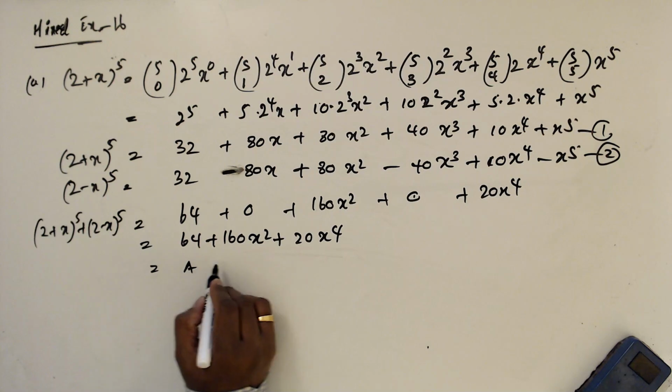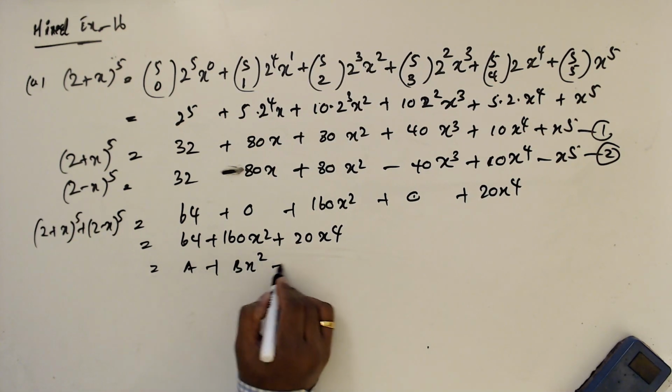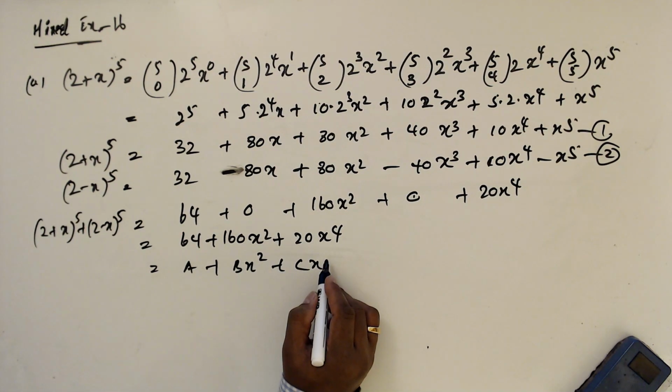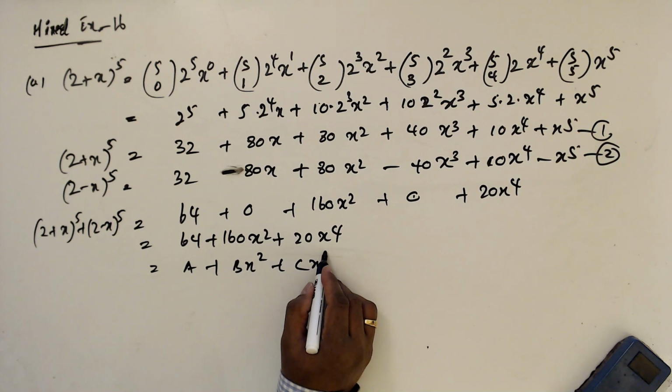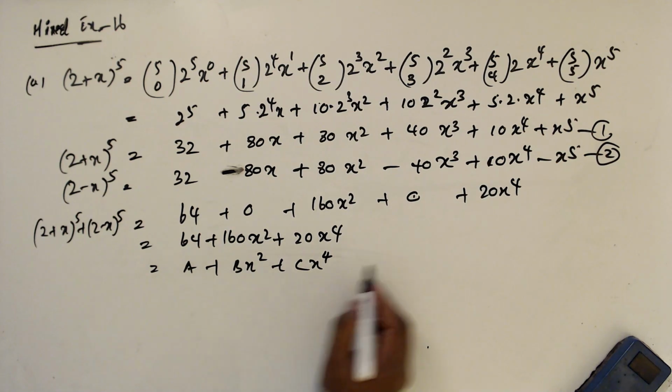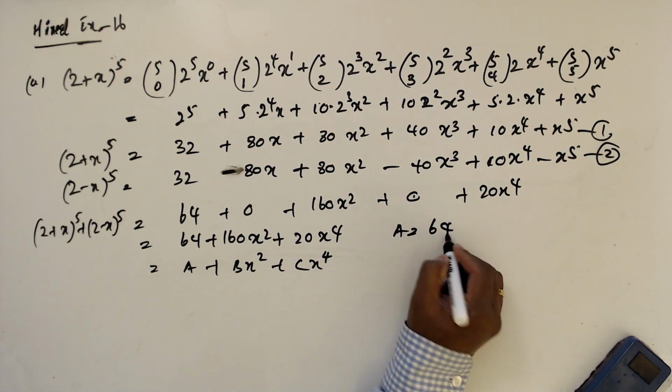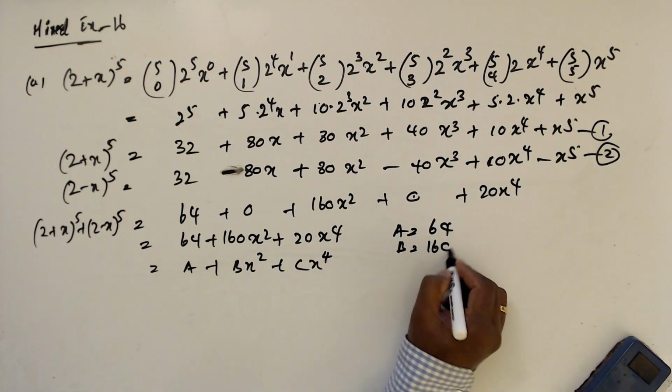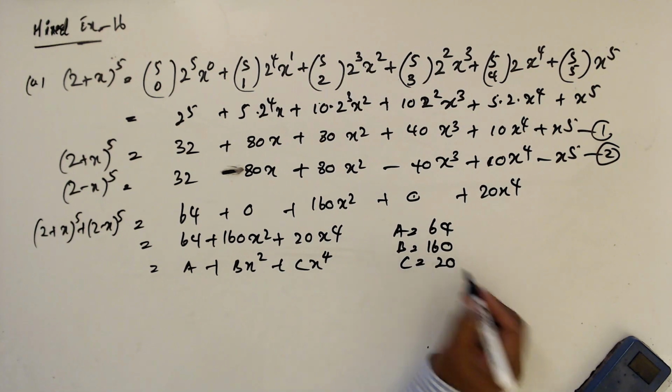Now this is a plus b x square plus c x^4. A equals 64, B equals 160, and C equals 20.